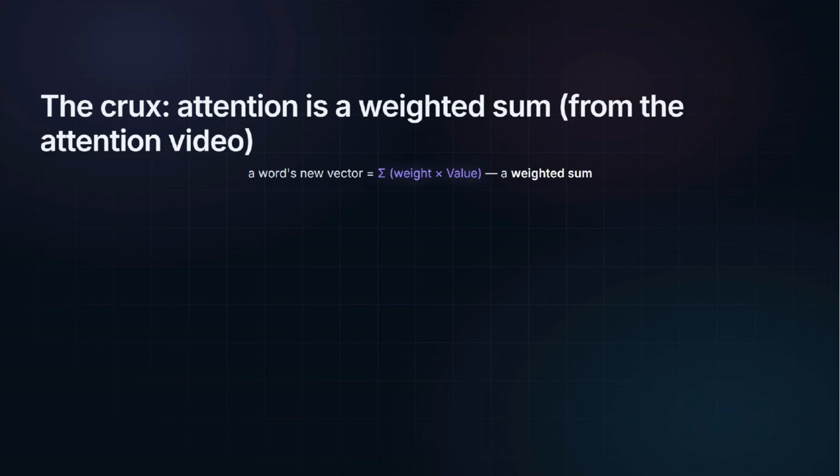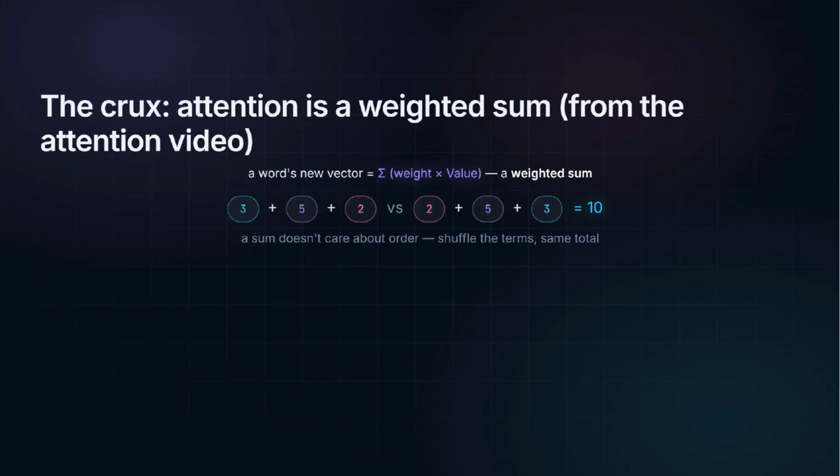Now, the crux, and it comes directly from the attention video. There, a word's new vector was a weighted sum, sigma of weight times value, added up over all the words. And here's the mathematical catch. A sum doesn't care about order. 3 plus 5 plus 2 equals 2 plus 5 plus 3. Shuffle the terms however you like.